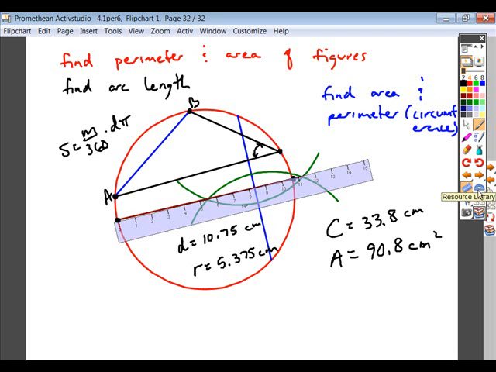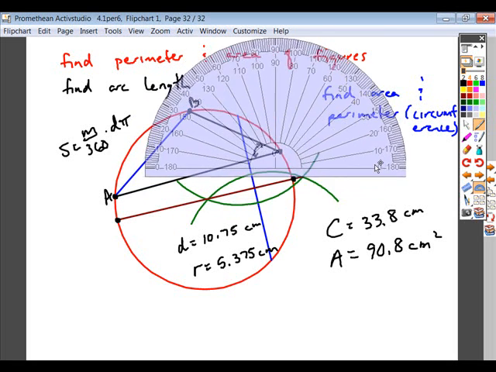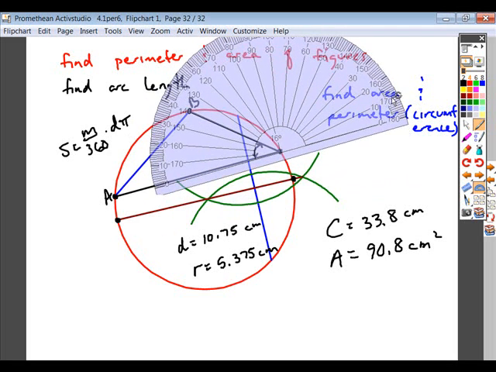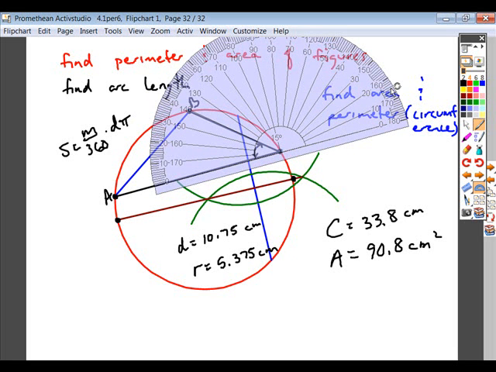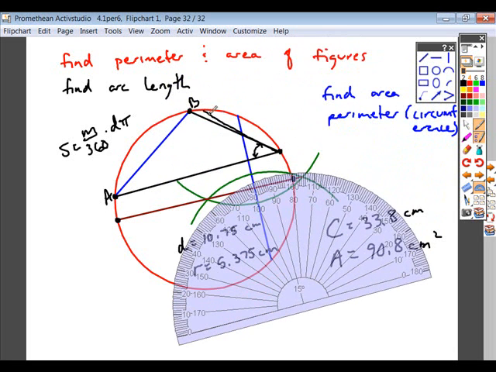Yep. So to demonstrate that, if I put my protractor on this point, and again I'd need to extend my line through here so that I can see where my protractor crosses.